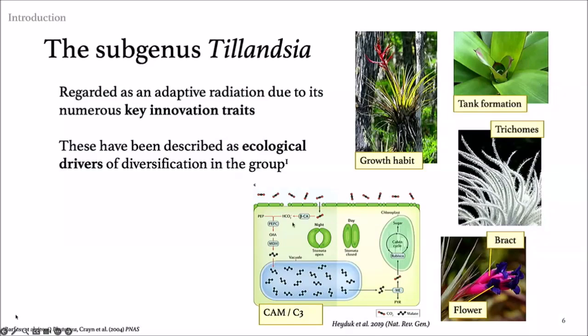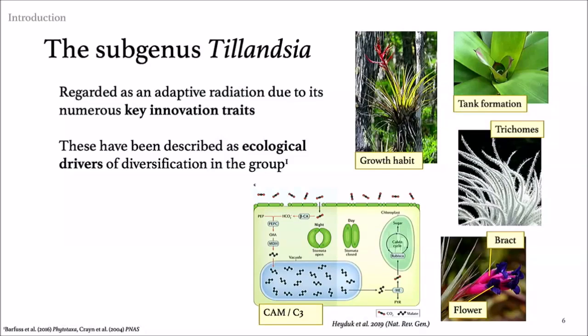And then very importantly, I'll talk quite a bit about this one. This is the evolution of Crassulacean acid metabolism, let's call it just CAM in short. And this is an alternative mode of photosynthesis. I will describe in more detail exactly how it works later on in the talk. But what you have to remember of it is that it enhances the water use efficiency of a plant.